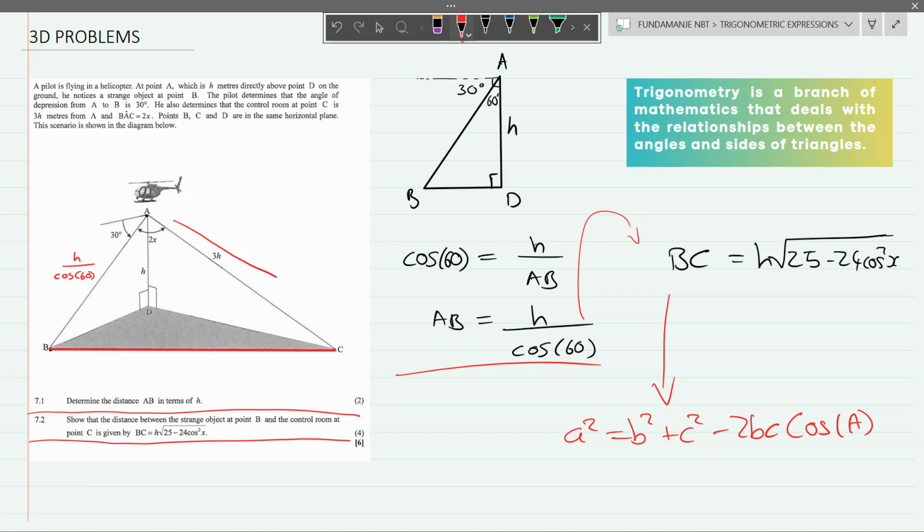Where a, small letter a, will be this side opposite the angle. This would be small letter c, this would be small letter b. So all you have to do is make your substitutions and then take the square root at the end, and then you will have your problem simplified. And that's about it for 3D problems.